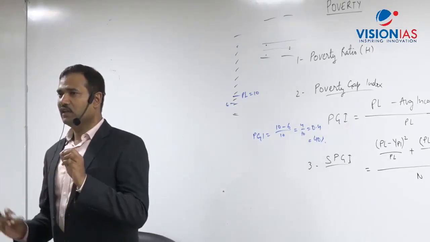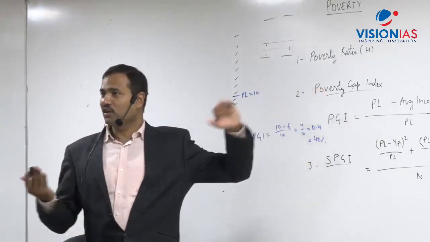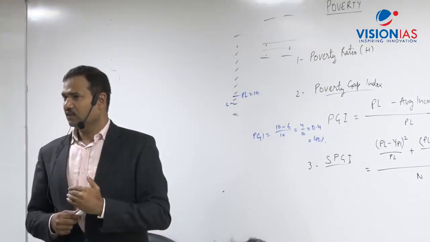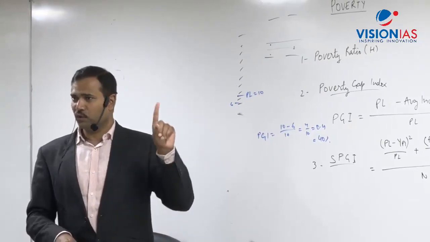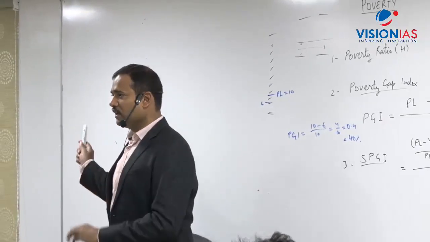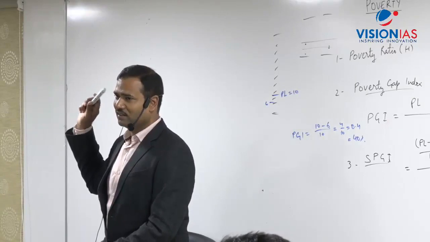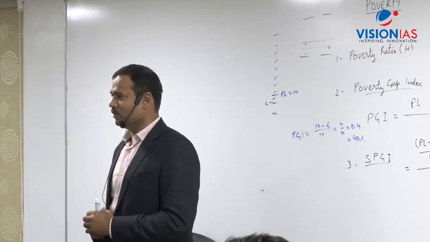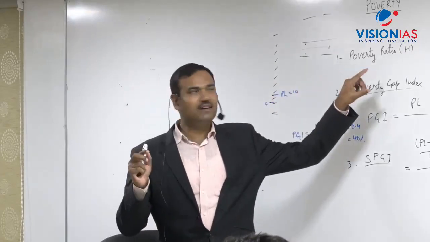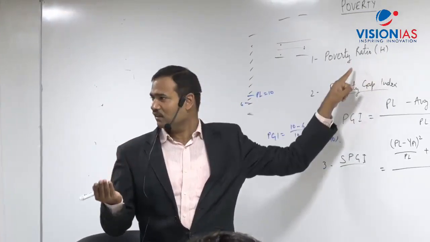Somewhere they have used the word poverty ratio, like in the Tendulkar committee: as per the Tendulkar committee, the poverty ratio is 21.9. And as per the Rangarajan committee, the head count ratio is 29.1. In one place they might have used one word, in other data another word, but it is the same thing.